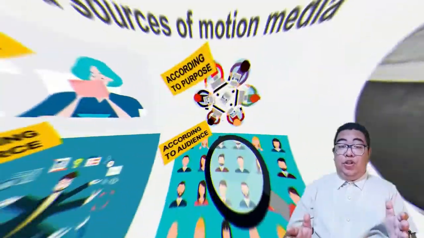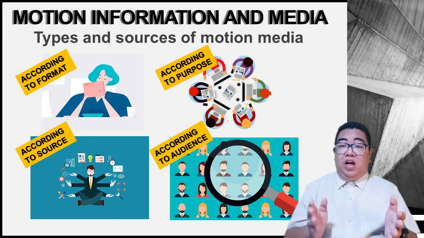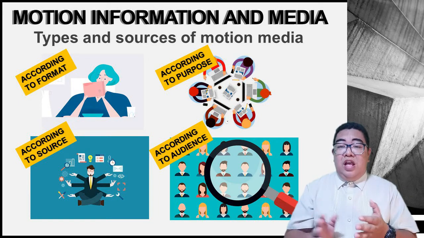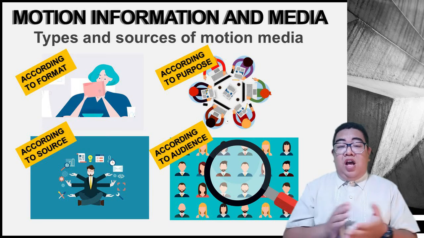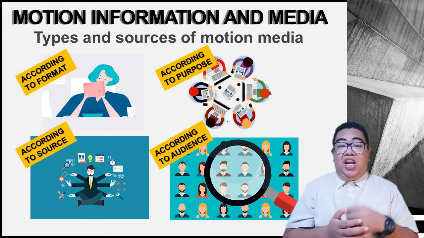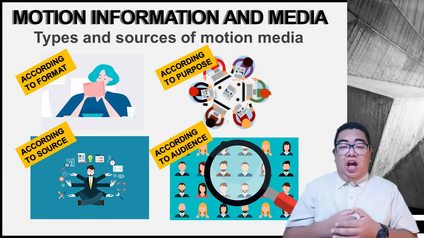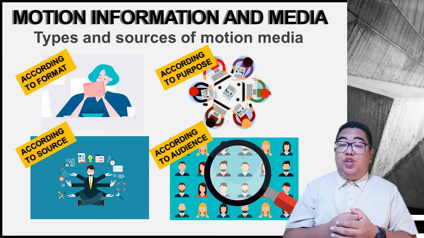We have also the motion information and media. We consider this as part of information and media. There are also types and sources of motion media, according to what is stated. Number 1, according to format: examples are animations and video formats.